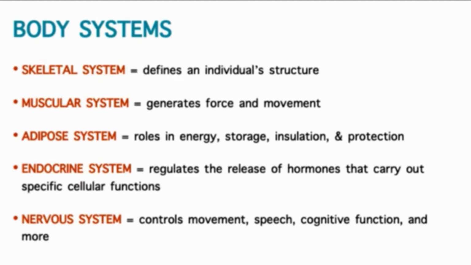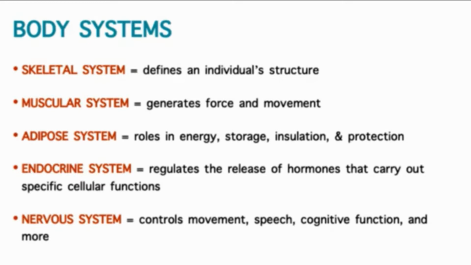So that's one key thing that we're going to start to find out as we go through the lecture, is that all of these body systems are dependent on one another, and that dependence is critical for proper development, as well as some of the different types of aging that we see in body systems throughout the lifespan.